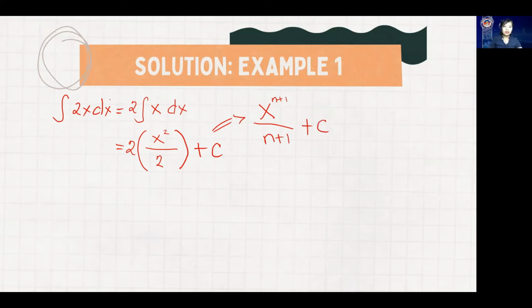Then let's simplify. So we have 2x squared over 2 plus c. By getting the common term of numerator and denominator, which is 2, the remaining is x squared plus c. So that would be the answer of the integral of 2x dx.